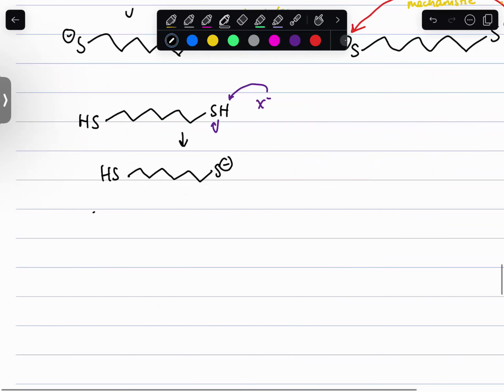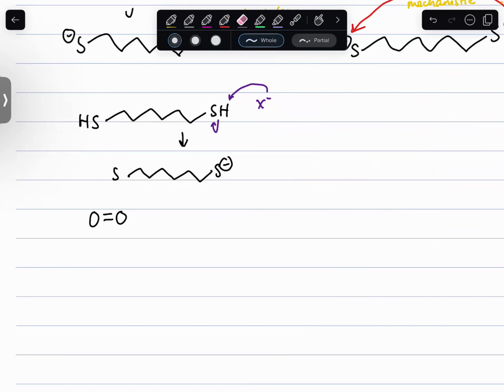So O2 looks like this. O2, let me draw it out. Let me double check my mental math here.